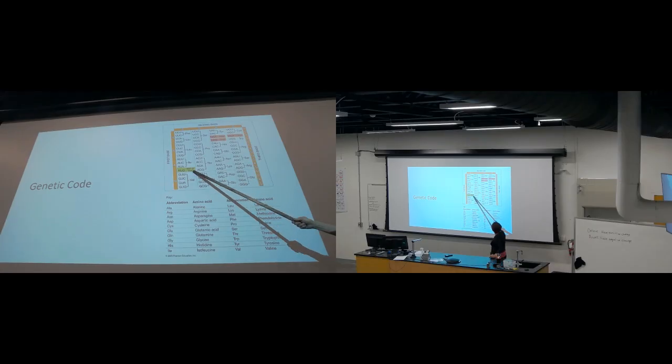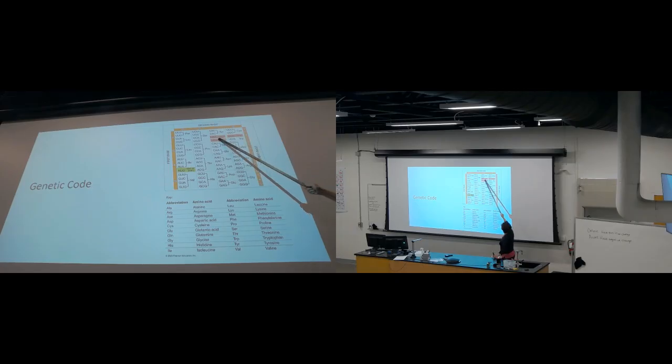And now, every transcript is going to start with AUG. That's the start. That codes for methionine, or the start. And when you reach the end of the transcript, it is going to have stop codons. So all of these triplets are called codons.